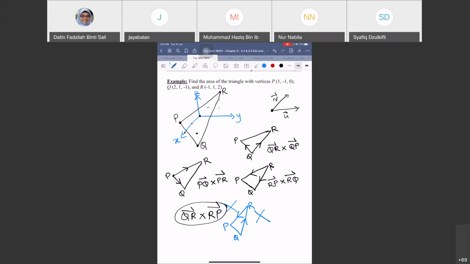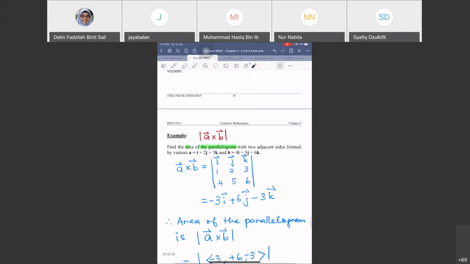So if the question gives you points, you have to be very careful. If the question, like the earlier part, gives you two vectors straight away, then that is straightforward. You straight away cross. Like this one, you are given vectors A and B. You know that the area of a parallelogram is the magnitude of the cross product.